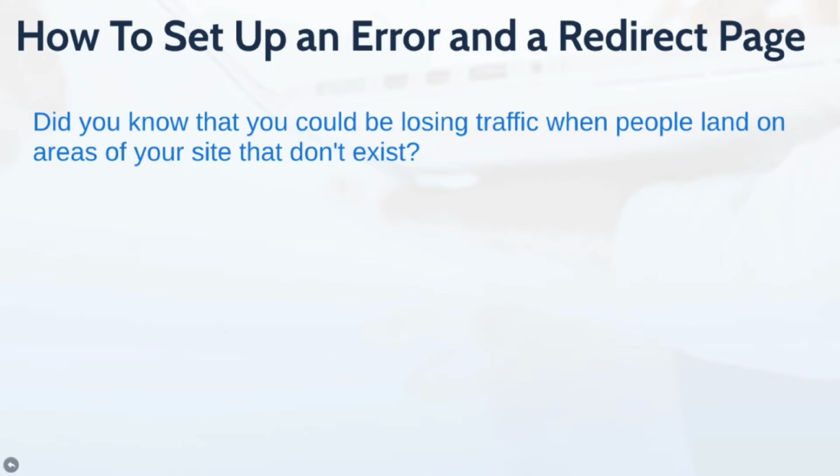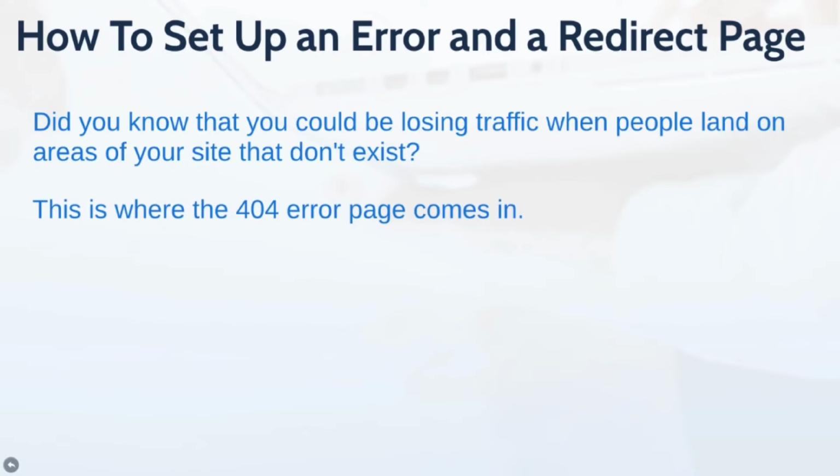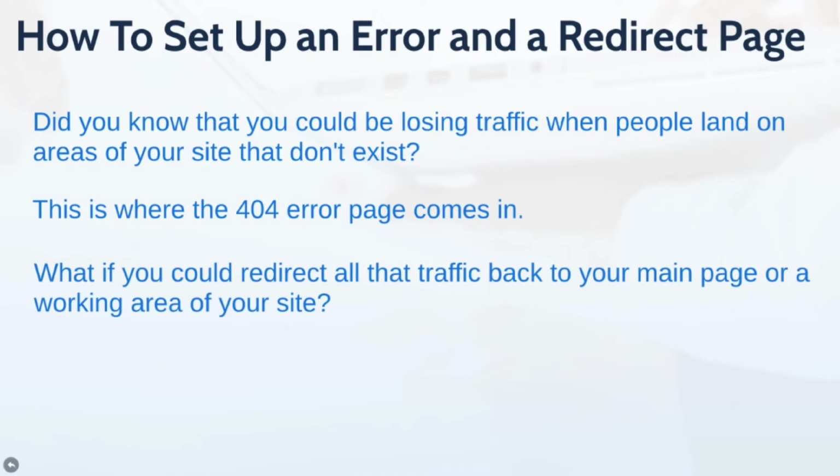Instead, what you want is for people to be redirected to either a page that actually works or a specific page that you want all the traffic to be redirected to. And this is where the 404 error page comes in. Fortunately, on the cPanel hosting panel, you can specify where you want all this traffic to go.